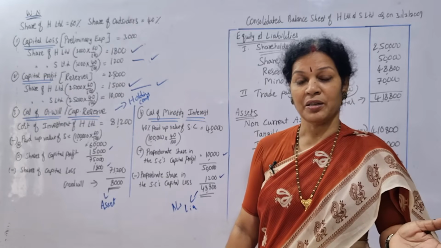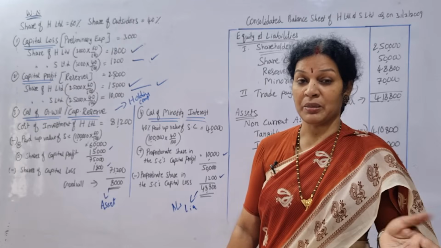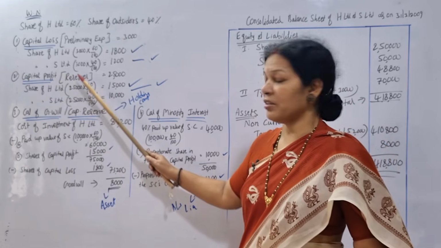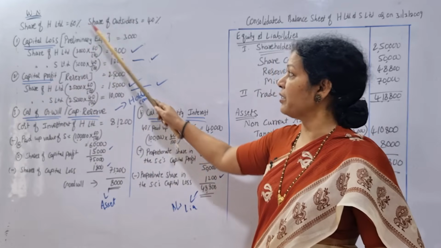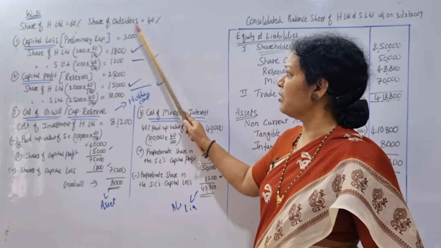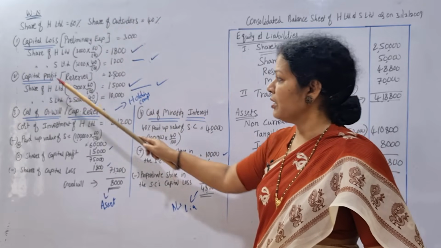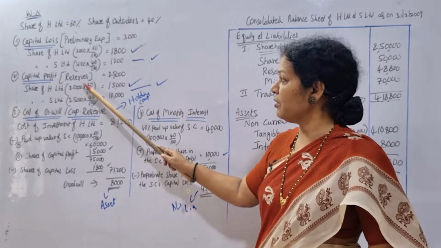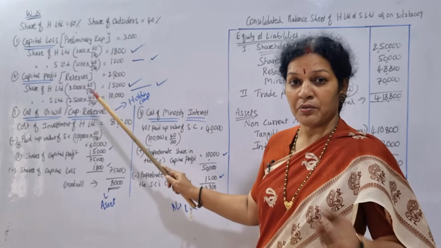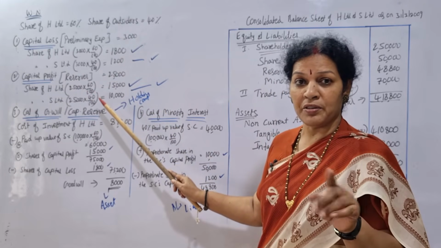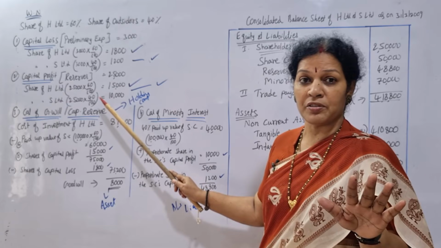And there is a capital profit also. Capital profit means nothing but the reserve of the subsidiary company. Both we have calculated as per this ratio. Amount is 3,000, 60% is this much, 40% is this. In the same way, share capital profit is 25,000. Whose capital profit is it? Always remember, subsidiary company's. Don't touch holding company's.